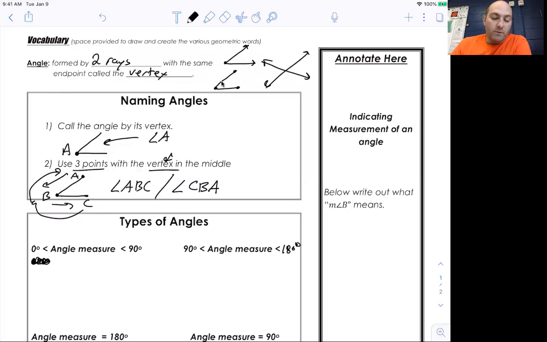So, some of you, I don't know if you think about this, but why would it matter if I do a single letter for the vertex or 3 letters like this? Well, this right here is the reason.